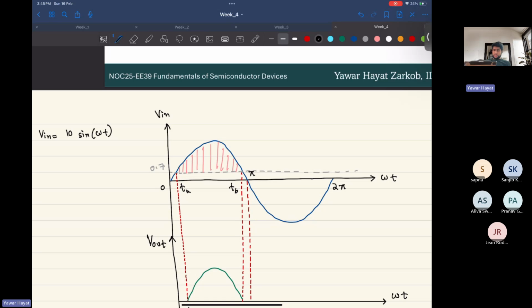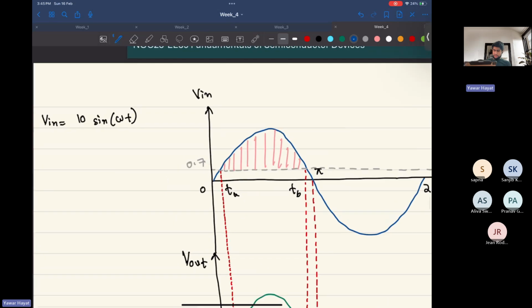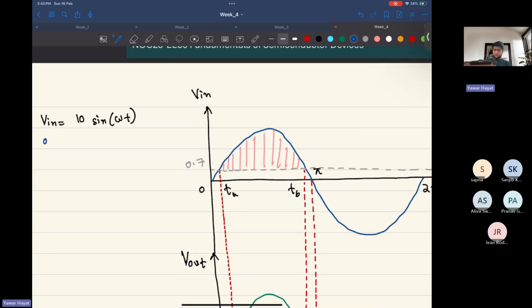Now your V input at TA, let me write this now. At TA, your V input was 0.7, right? That's how we define this TA. This corresponds to the voltage level of 0.7. So I can write 0.7 is 10 times sine of omega TA, right?